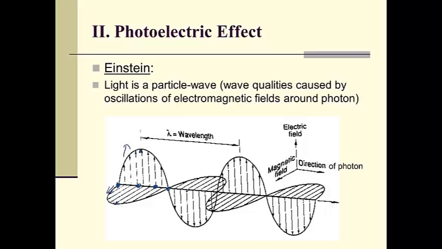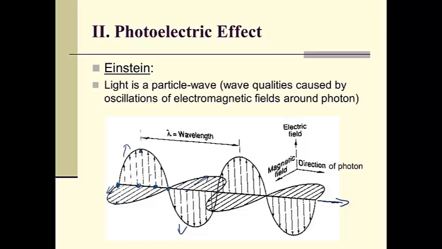Then as it moves here, the field moves in the opposite direction. Now the electric field is down, and the magnetic field, instead of going to the right, is going to the left. So, as the photon moves in a perfectly straight line, the magnetic field oscillates up and down or left and right, and the electric field will be 90 degrees to it.